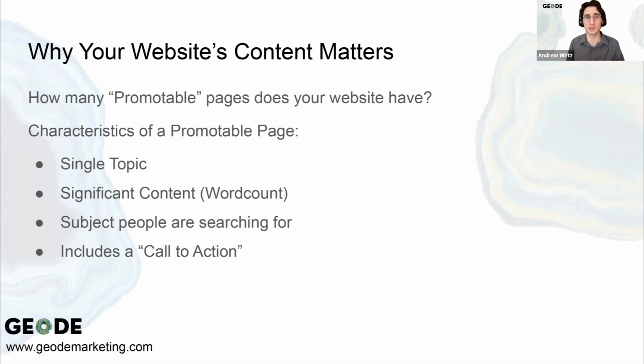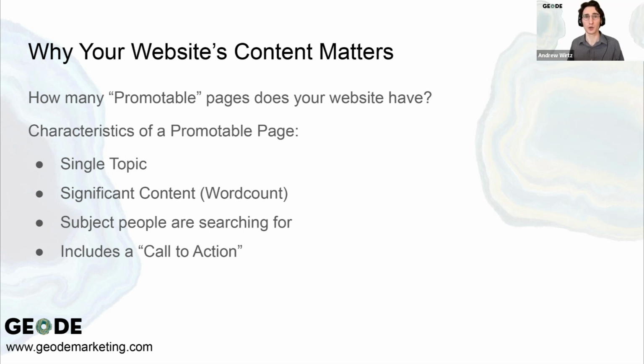So that's where keyword research really comes in. If you're using tools for your organic strategy, oftentimes you can use those same tools to decide what keywords to target for your PPC strategy. And then the big thing is to include a call to action. A lot of times people send their ads to a page that doesn't really have a contact us form, or maybe in the footer it just has your email subscription that's on every page of the site.